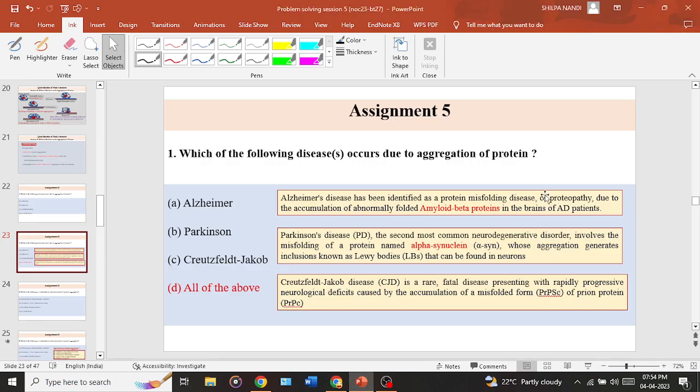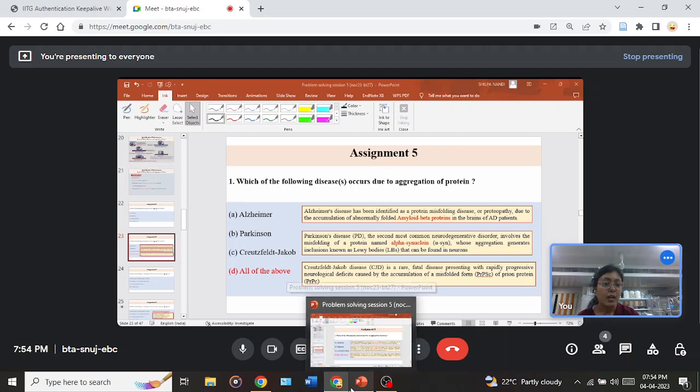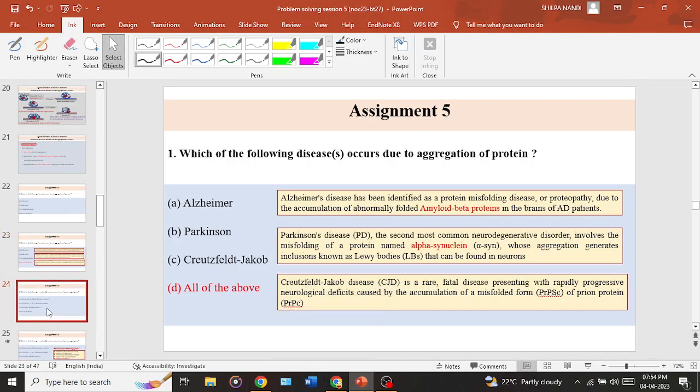So I hope now you know the exact protein names as well, not just that you know from the lecture series that various conformational diseases like Alzheimer's, Parkinson's, Creutzfeldt-Jakob, or even other prion protein diseases come under this protein aggregation disease category. So okay, the answer to the first question was all of the above. We will now move on to the second question.